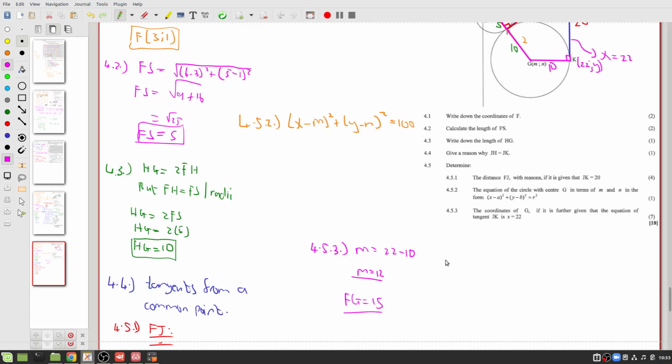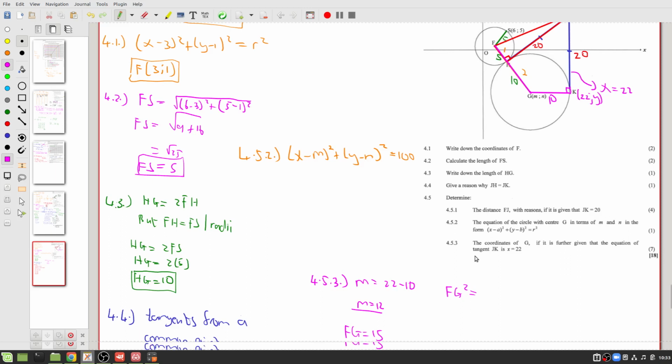So the formula that we want to use: FG squared is equal to the x coordinates of F. F has an x coordinate of 3. We're going to have 3 minus, and actually I'm going to do it the other way around. I'm going to start with G. So m we know is 12.